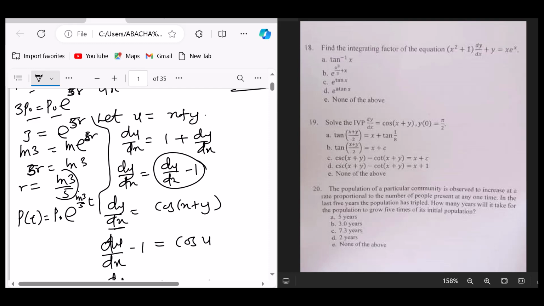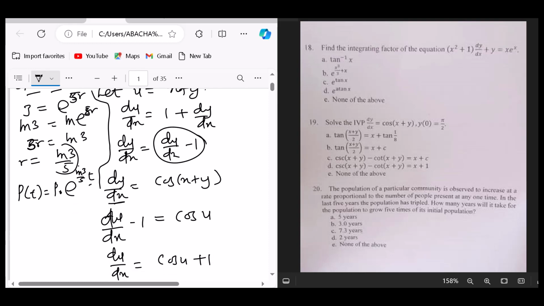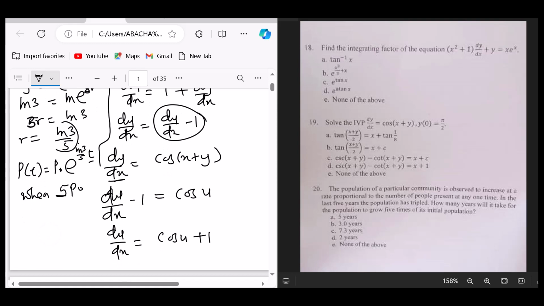Now, what are they saying? How many years will it take for the population to grow 5 times of its initial population? So we will look for t when we have 5 P naught. So 5 P naught is equal to P naught e power (ln 3 over 5) t.